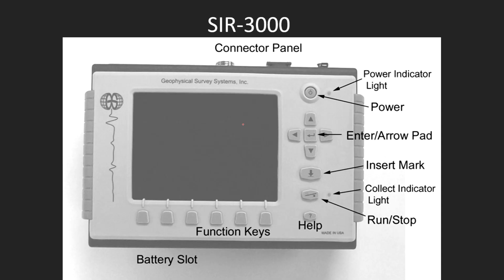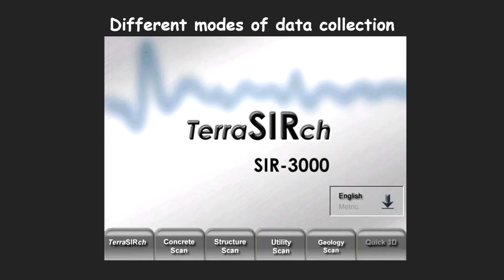Now, a little bit more about what parameters you can select, depending on the terrain in which you are doing the survey and the desired depth. Depending on your target depth and the terrain in which you are conducting the survey, you can use different modes.